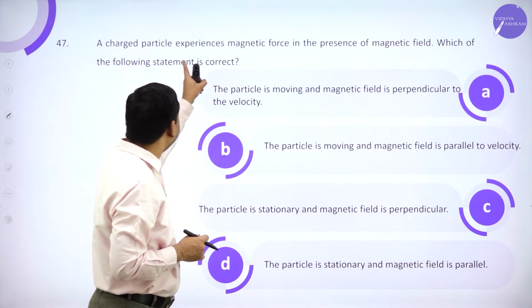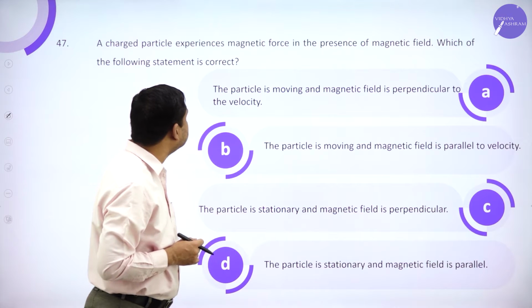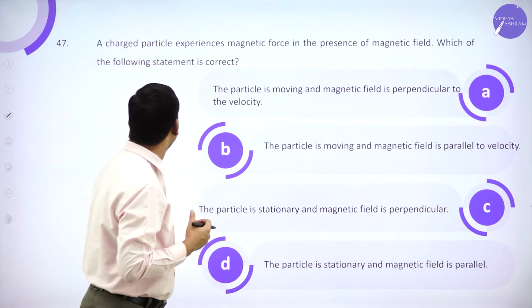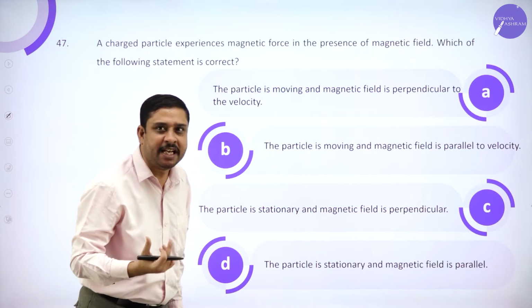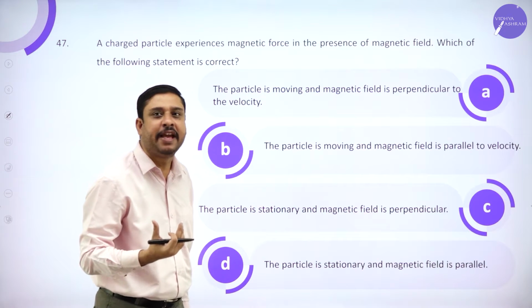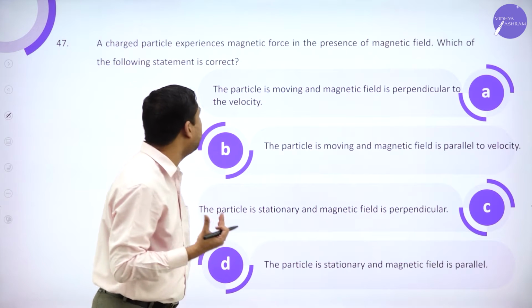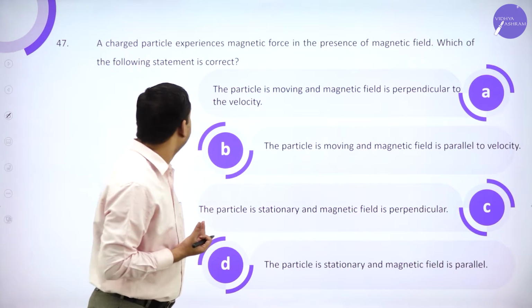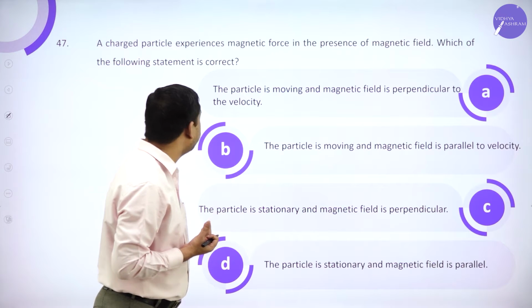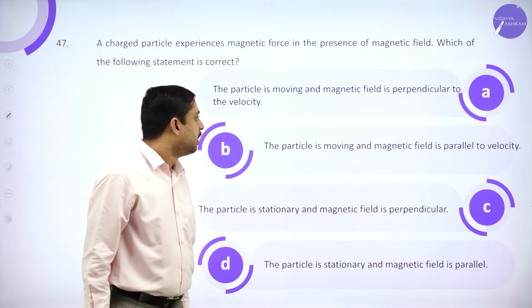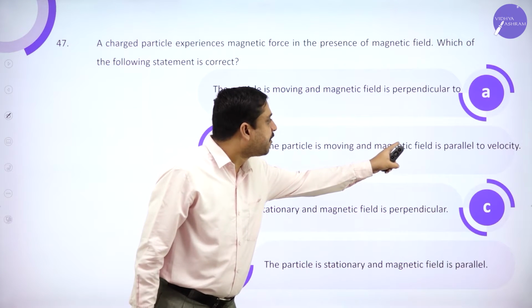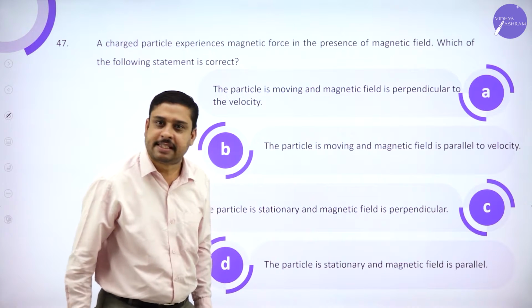A charged particle experiences magnetic force in the presence of the magnetic field. Whenever there is a magnetic field, charged particle experiences a magnetic force. Which of the following statement is correct? The particle is moving and magnetic field is parallel to velocity.